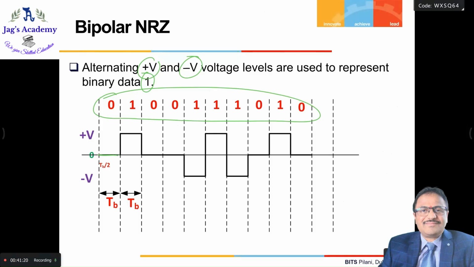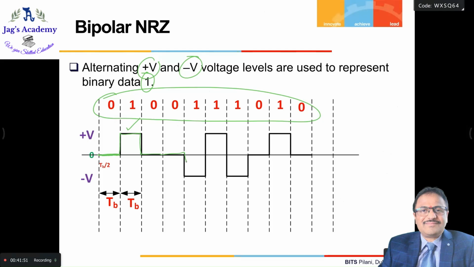See the example here. The first 1 which occurs here, before which you have 0, is, say, plus V, okay? Now 0 is represented by ground, another 0 represented by ground. The next 1 it encounters, I said alternating plus V and minus V. Suppose it is plus V here, what is going to happen here?